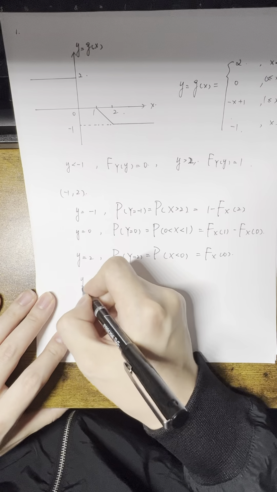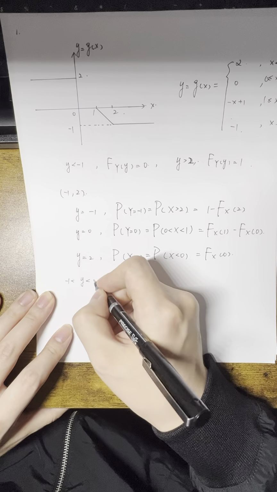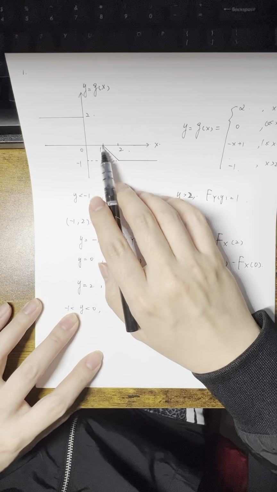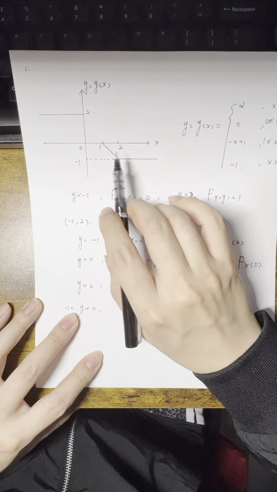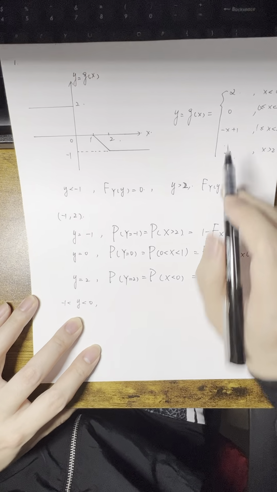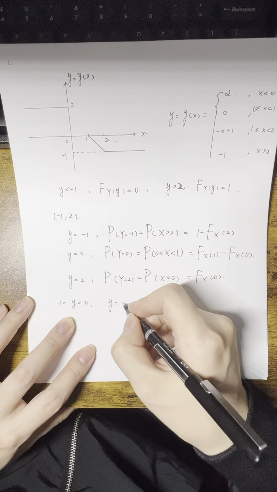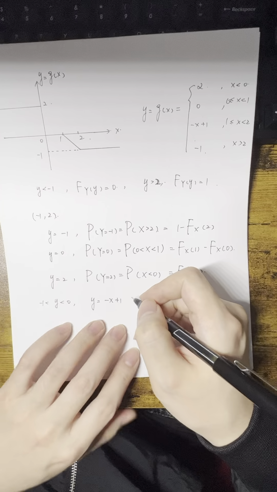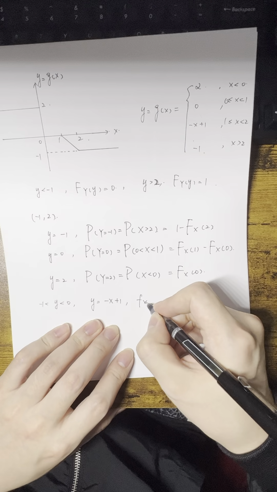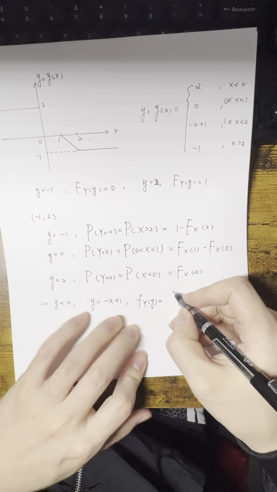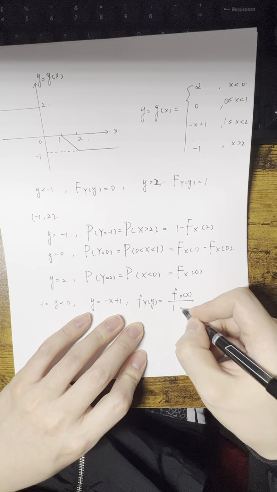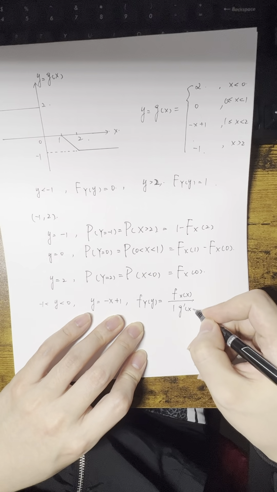When Y is between minus 1 and 0, this part is Y equals minus X plus 1. We could get its density function according to the formula.